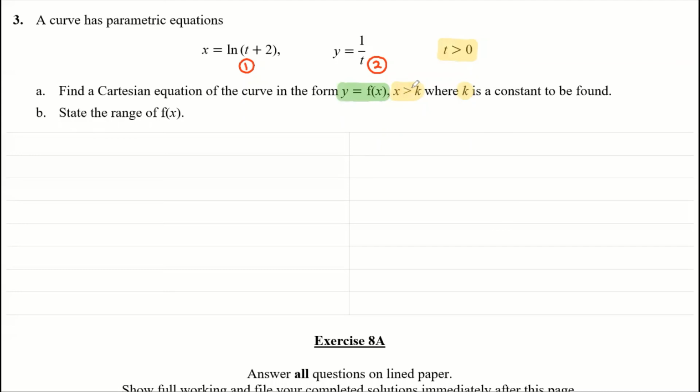If t is strictly greater than 0, that means that obviously t is a real number, and it puts a restriction on my log function in my x equation. So if we just have a look at that, I'll just write it down. So for a, x is equal to the natural log of t plus 2.